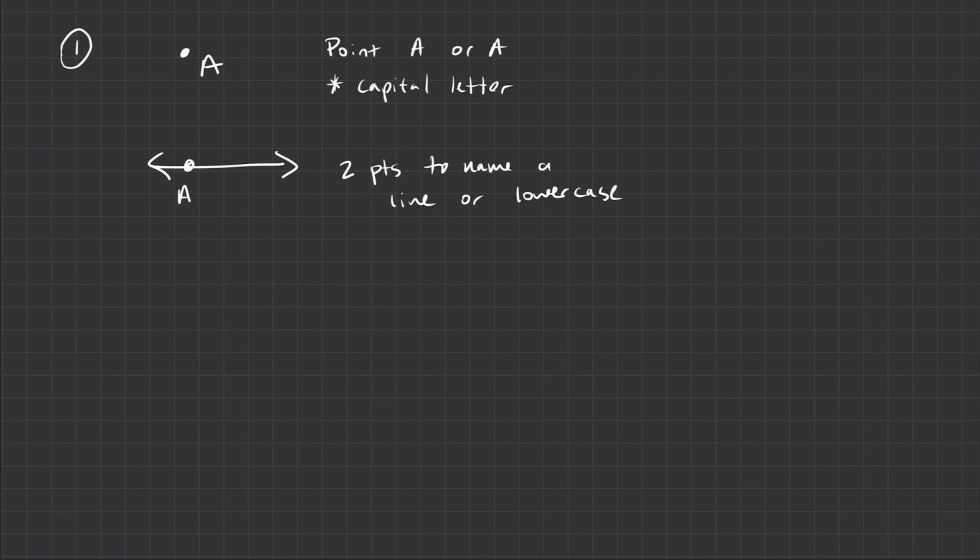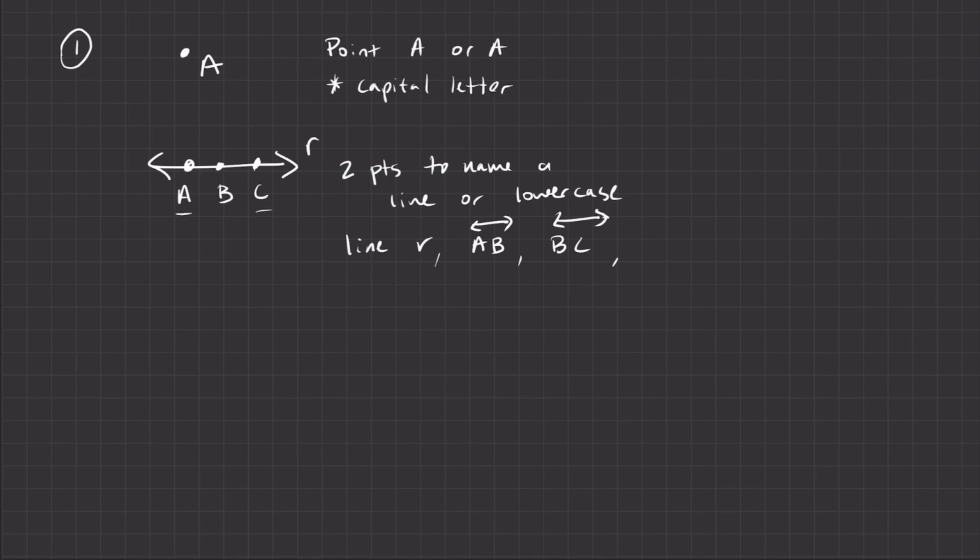Let's call it A, B, and C. And here I'm going to put an R right next to that line. So we can call this line R, or we can use these 2 points here. We can call that line AB, so make sure to put that line above it. Another way is to call it BC, so line BC.